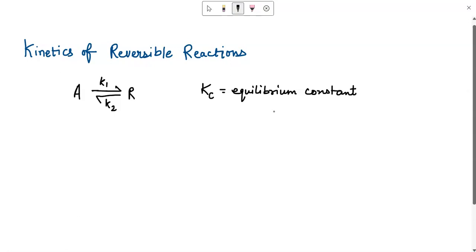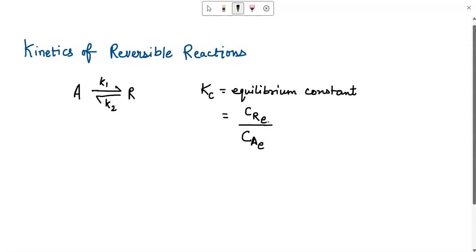At equilibrium conditions, the ratio of the concentrations of the components raised to the stoichiometric coefficients is what we obtain as the equilibrium constant. I'm writing the small e as the subscript to show that these are all at equilibrium conditions.